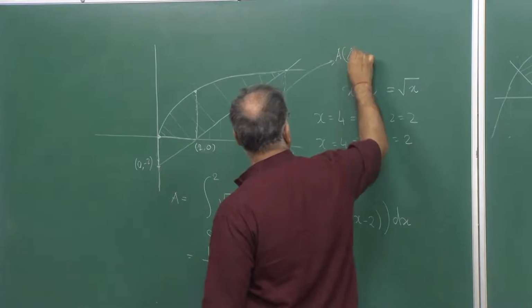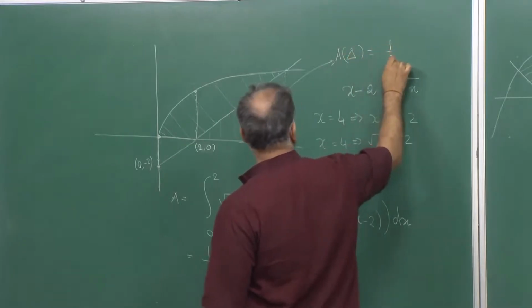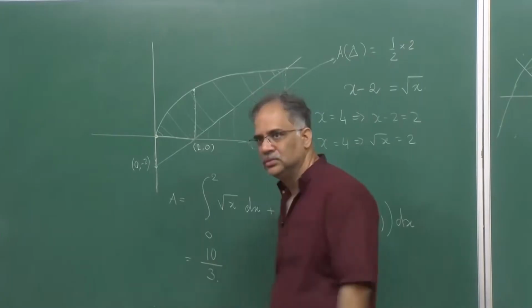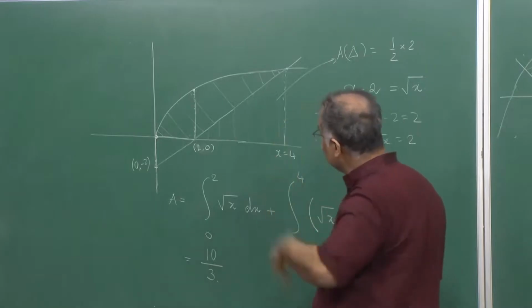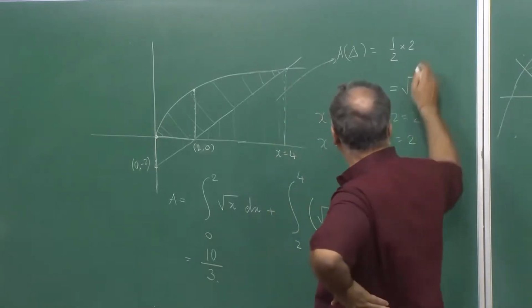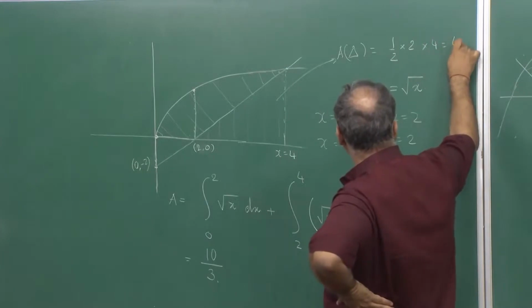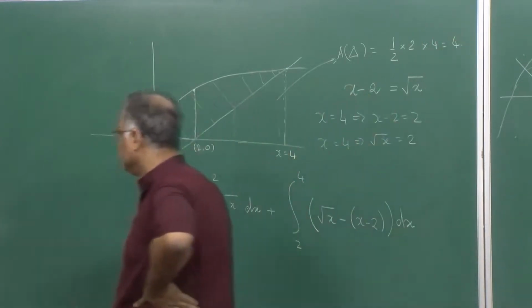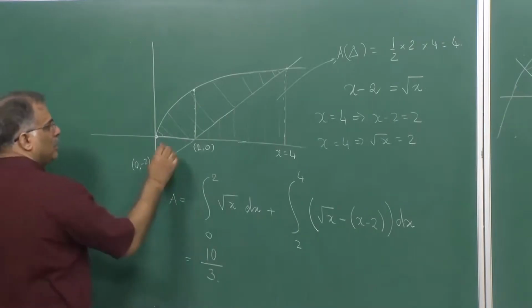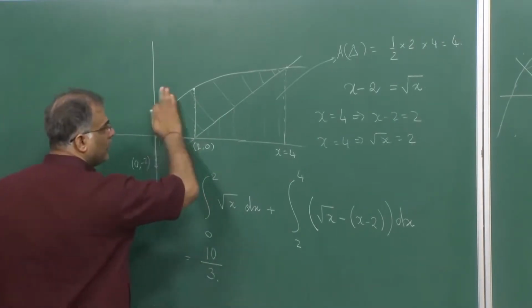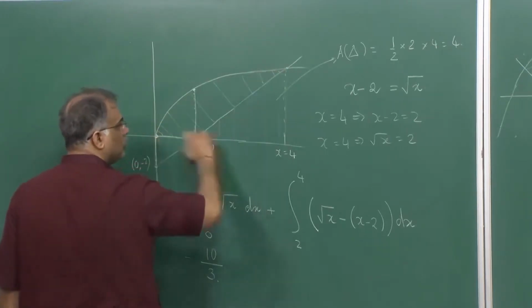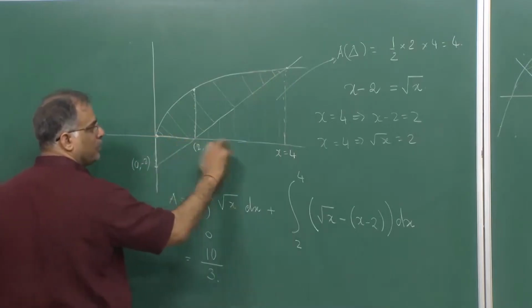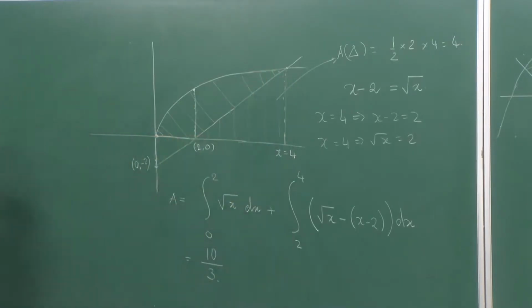Area of this triangle is half of base, which is 2, into the height, which is 4. So it is 4 units. To find this part of the area, I will compute the area under the curve from 0 to 4 and then subtract this triangle. I will get that same area, right.